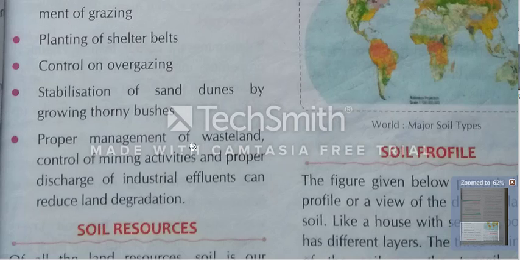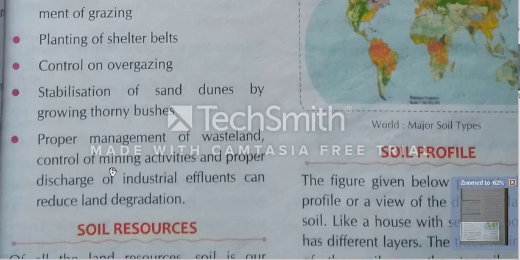Proper management of wasteland. See, there is a big part of wasteland that is not utilized because it is arid. Okay? There is no water available, and the fertility of soil is not there. So there should be a proper management of wasteland.